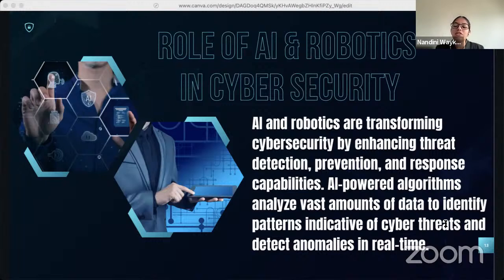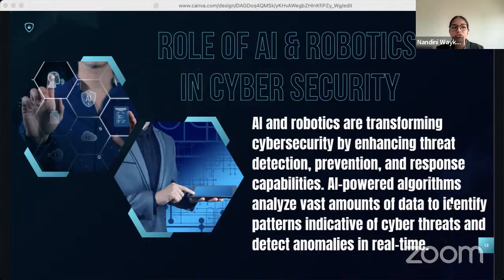Additionally, AI-driven authentication systems enhance user security by analyzing behavior to detect unauthorized access attempts by hackers. Overall, AI and robotics play a very crucial role in strengthening cybersecurity defenses, enabling organizations to adapt to evolving threats and protect against cyber attacks very effectively.